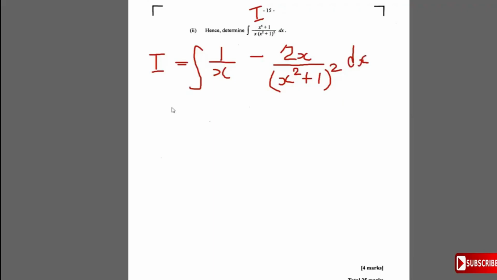Now, we can break them up into two separate integrals: the integral of 1 over x minus, I know I left off my dx, the integral of 2x over x squared plus 1 all squared. Don't leave off your dx.